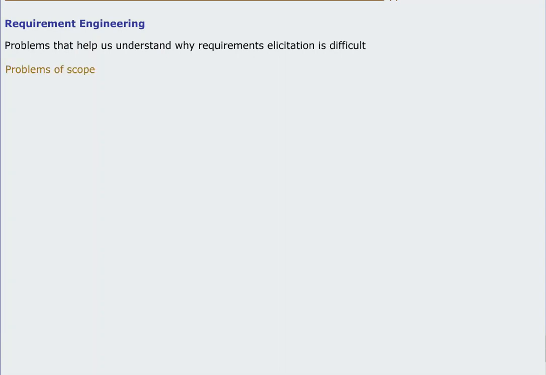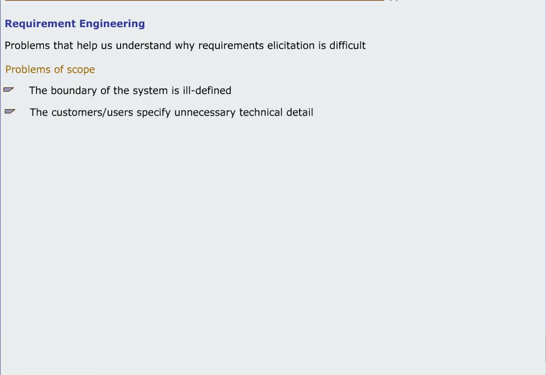Problems that help us understand why requirements elicitation is difficult are described below. Problems of scope: the boundary of the system is ill-defined, or the customer's users specify unnecessary technical detail that may confuse rather than clarify overall system objectives.